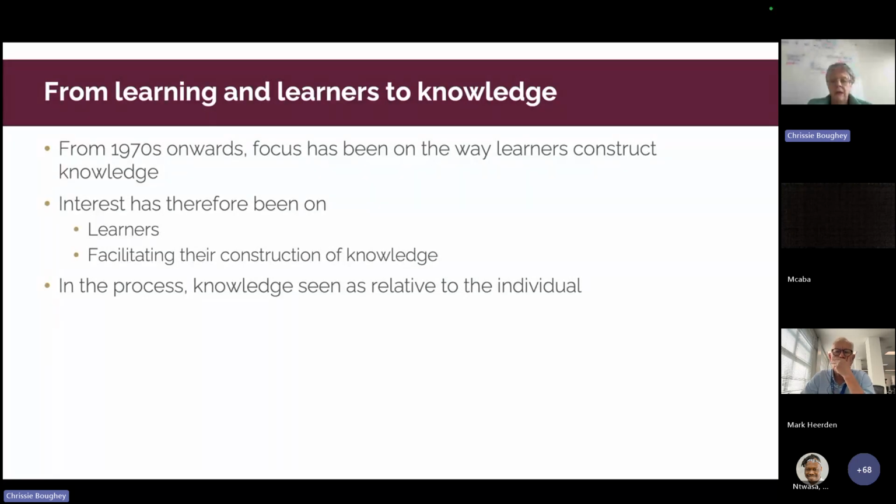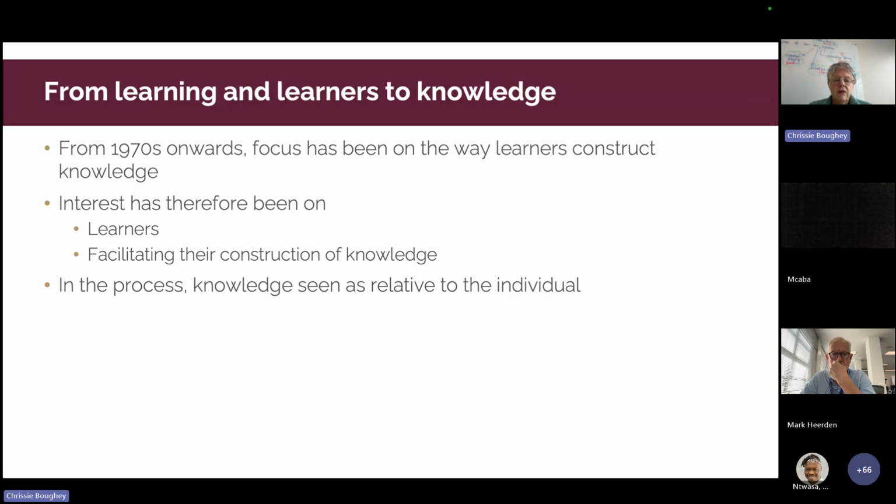And of course, that probably sounds very familiar to many who know about education, not necessarily higher education, but education in South Africa, because that was an argument that was prevalent as we looked at curriculum change in the 1990s onwards.